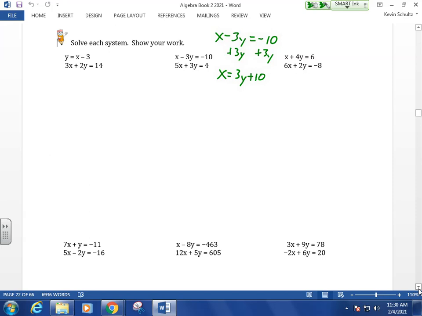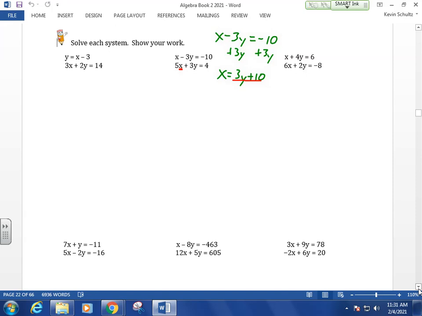Okay? And if x is the same as 3y plus 10, here's the substitution method here. If x is the same as 3y plus 10, that means we can substitute 3y plus 10 in for x in the other equation. Because if those two things are equal, they're interchangeable.